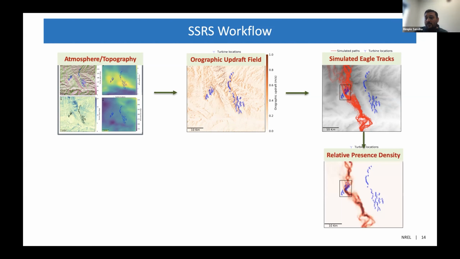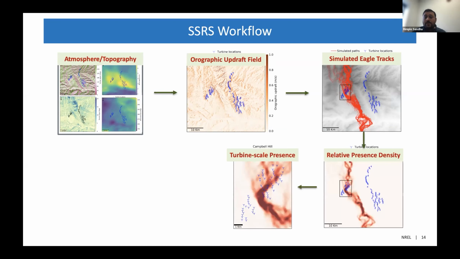From that, we can compute the relative presence density. What that tells you is where a golden eagle is likely to be present compared to other sites in this region. It doesn't give you the absolute presence, it's the relative presence. So it will tell you, okay, this site is more likely to have more golden eagles than the other site. Once we have this, since we're running at 50 meter resolution, we can go to turbine scale presence.